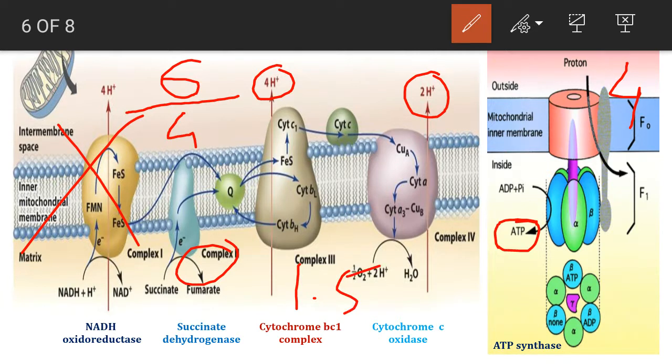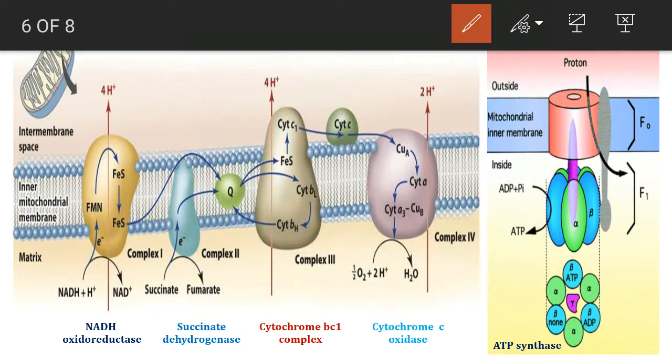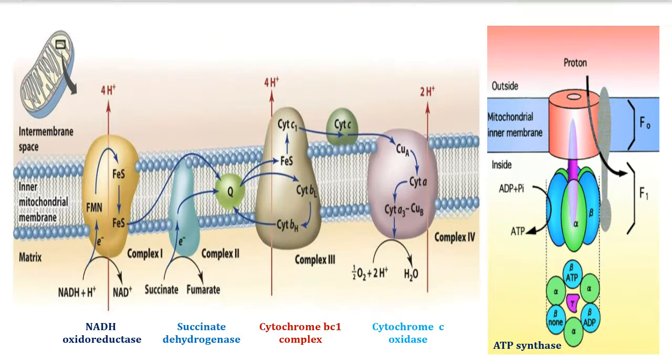That means oxidation of FADH2 yields the equivalent of 1.5 ATP. So here we can say 1 NADH is equal to 2.5 ATP and 1 FADH2 is equal to 1.5 ATP. This is how ATP is produced in the electron transport chain.